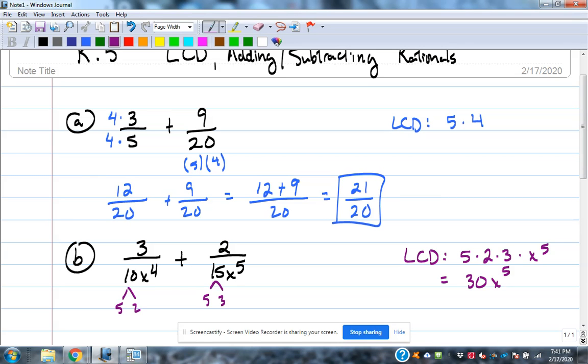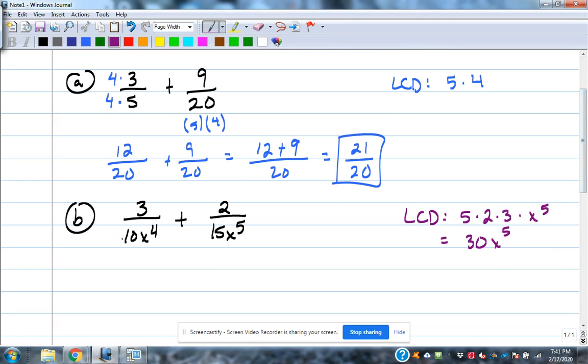So now we just need to fix these fractions to be the right thing. How do I turn a 10x to the 4th into a 30x to the 5th? Times 3x. What do I need to multiply 2 over 15x to the 5th by to get it to be a 30x to the 5th on the bottom?